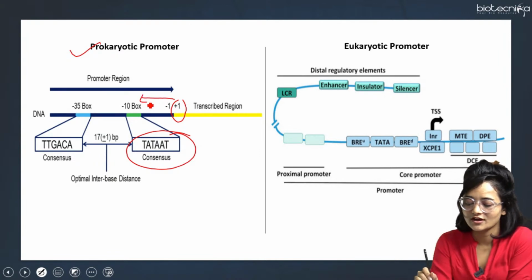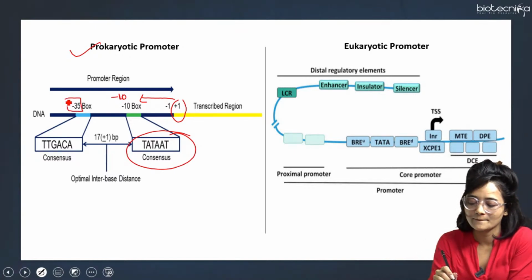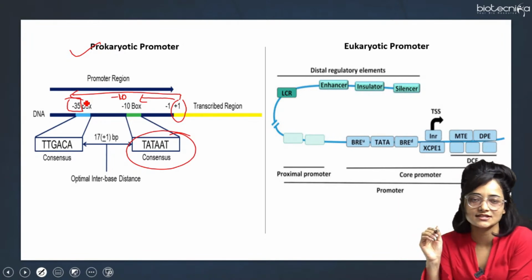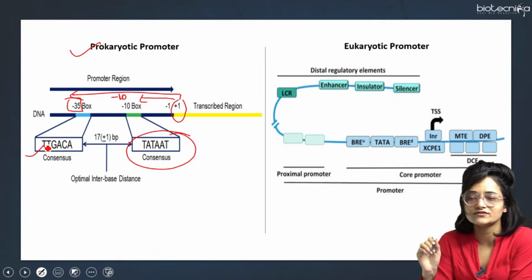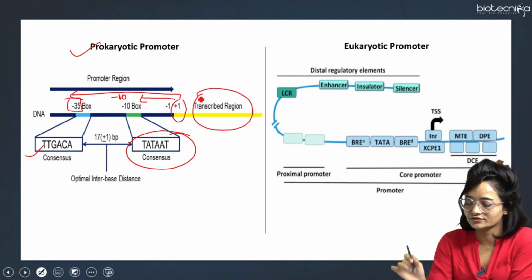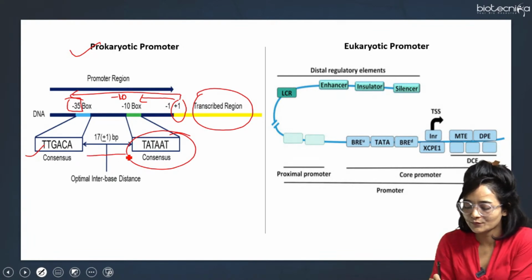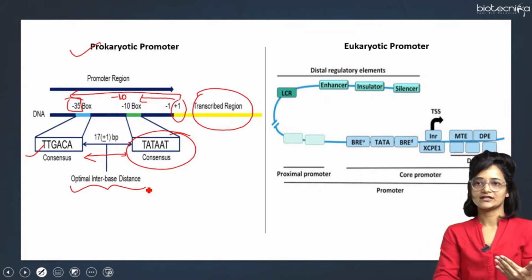From here, minus 10 base pairs upstream it is present, and minus 35 base pairs upstream from the transcription start site, there is another consensus sequence. This is known as the TTGACA sequence. So both of these sequences you should remember, right? So this is the transcribed region. And between both of these consensus sequences, the optimal inter-base distance is basically 17 base pairs. It could be plus minus 17, right?